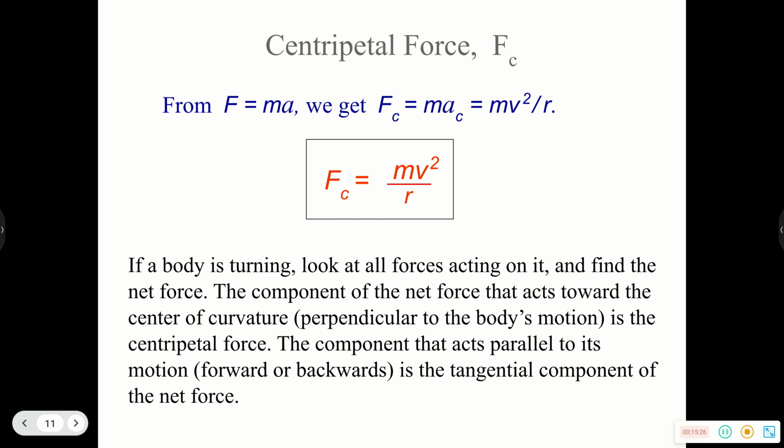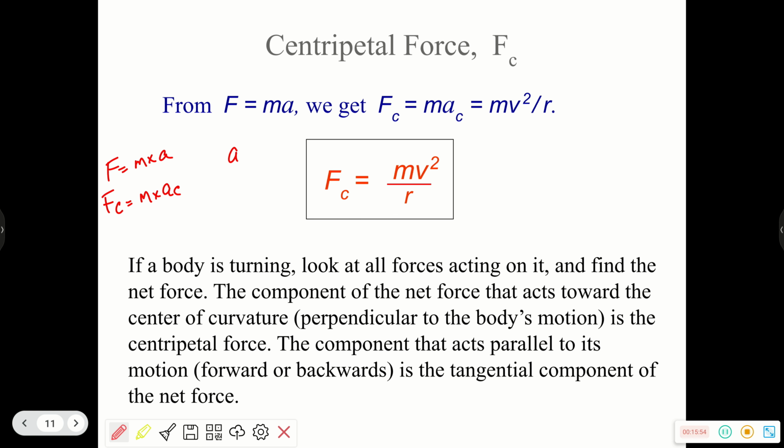So, force, we know from the very beginning of the year, force equals mass times acceleration, right? Force equals mass times acceleration. But how do we find out centripetal force? Well, centripetal force is easy. It's going to be mass times centripetal acceleration.